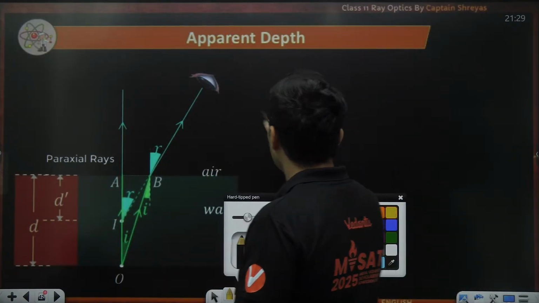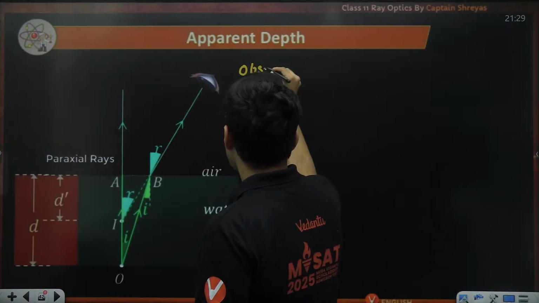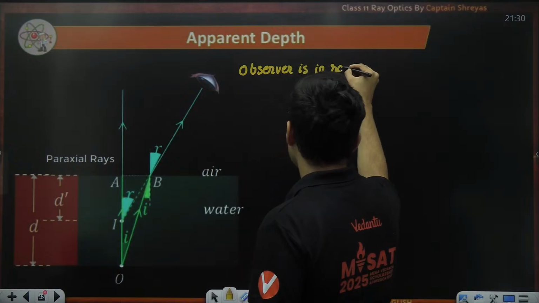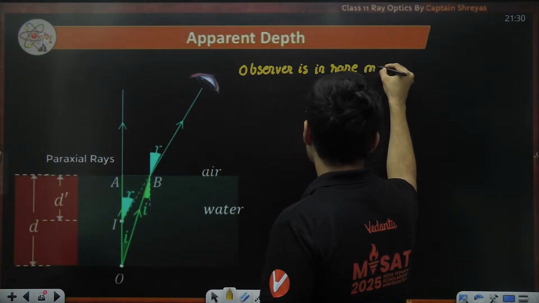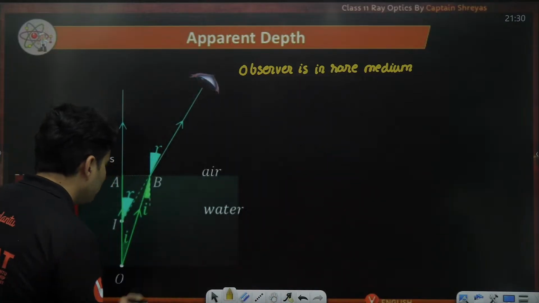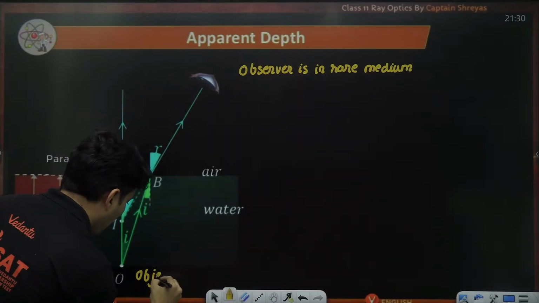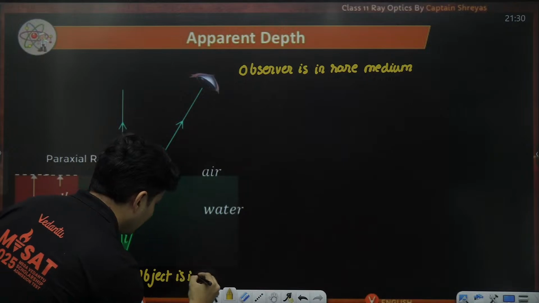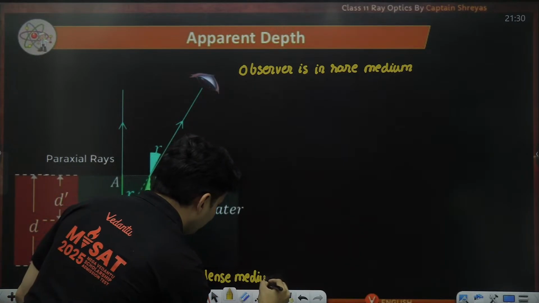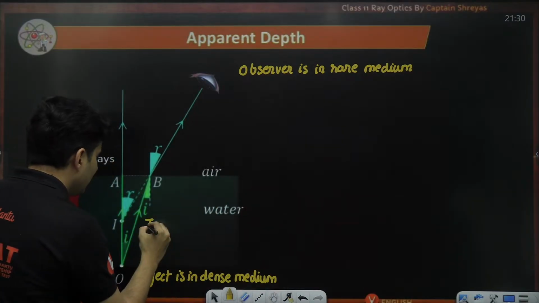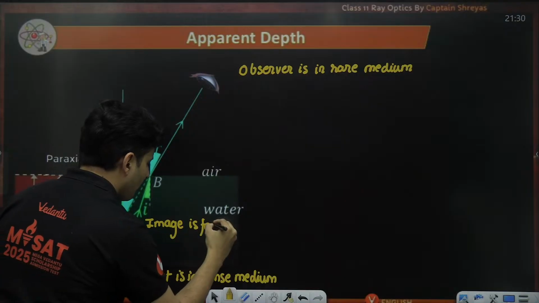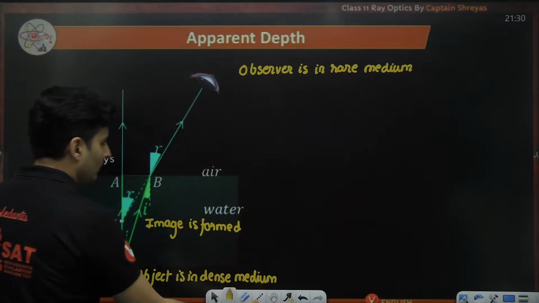So if the observer is in a rare medium, and the object which is seen is in dense medium, I is basically the location where the image is formed. This is where the image is going to be formed.